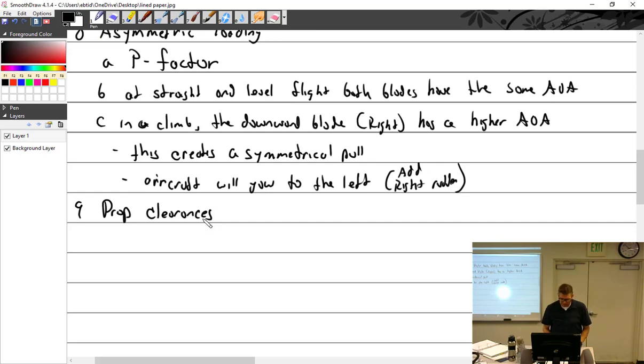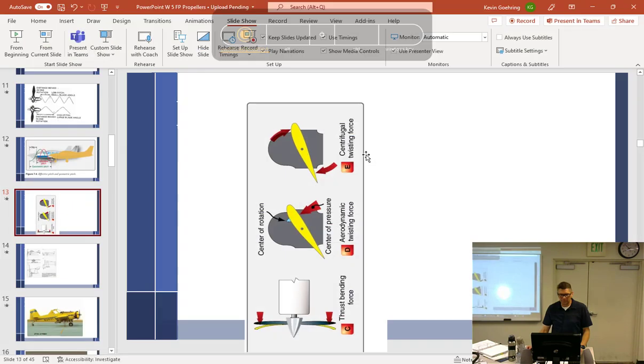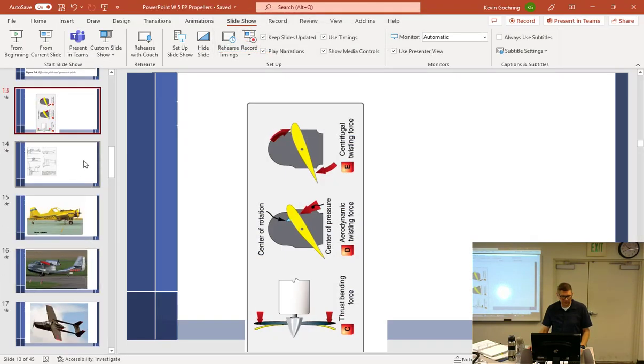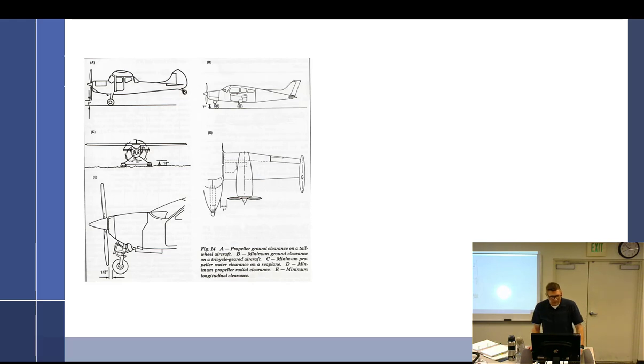Prop clearances. These are actually Q&A questions, if I remember correctly. I want to say this came out of Part 23. Oh yeah, 23.925 to be exact. But what's funny is Part 23 has had a lot of changes that I've found.